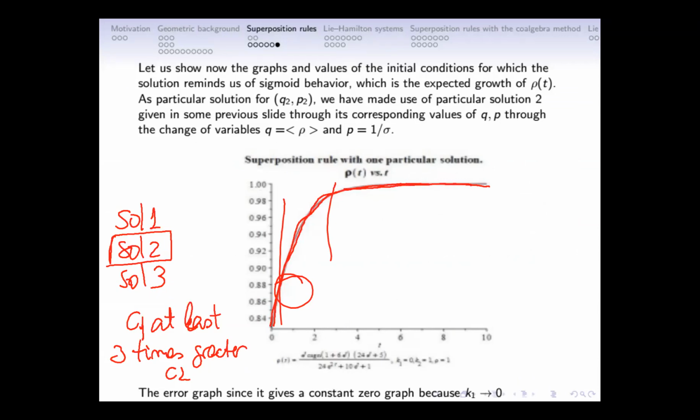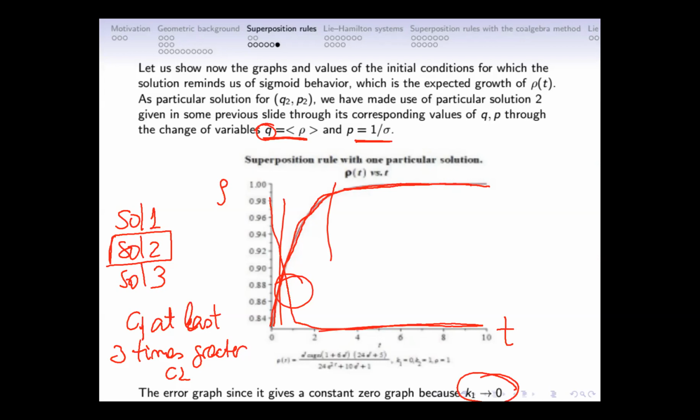Here I have represented rho with time, and rho is q, so I'm basically representing the q that I have solved. I could represent the error, but I have not given the error here because K1, one of the constants of integration, tends to 0. So the error is almost 0 everywhere. So it was not an interesting graphic.